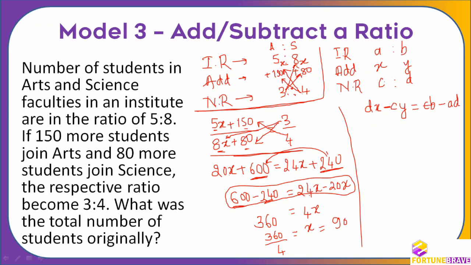This should have been written b into c. So dx minus cy is equal to bc minus ad.